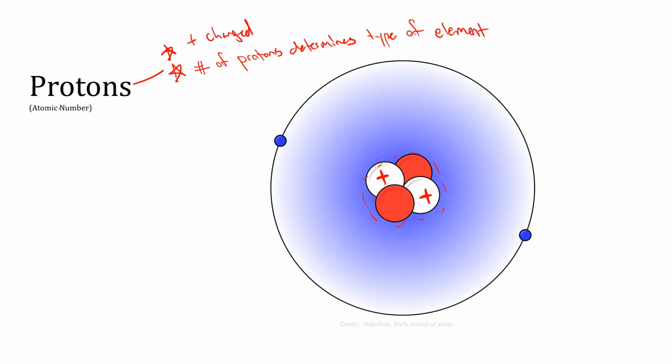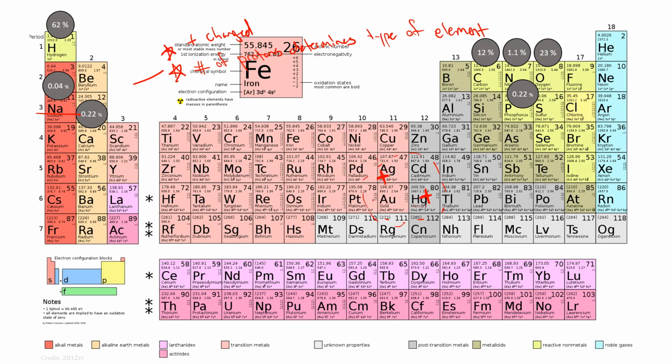So because of that, we call the number of protons an atom has its atomic number. If we go back and look at this periodic table, the atomic number is listed here in the top right of all of these. What this number specifically means is how many protons are in the nucleus of each atom.